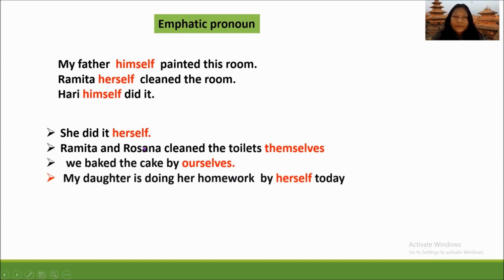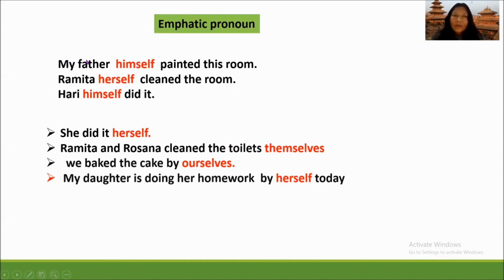So here, herself, themselves, ourselves, herself, they are reflexive pronouns. Guess why they are reflexive pronouns? Reflexive pronouns usually come in end position. That means without help. When we use the self form in end position, at that time the meaning is without help.